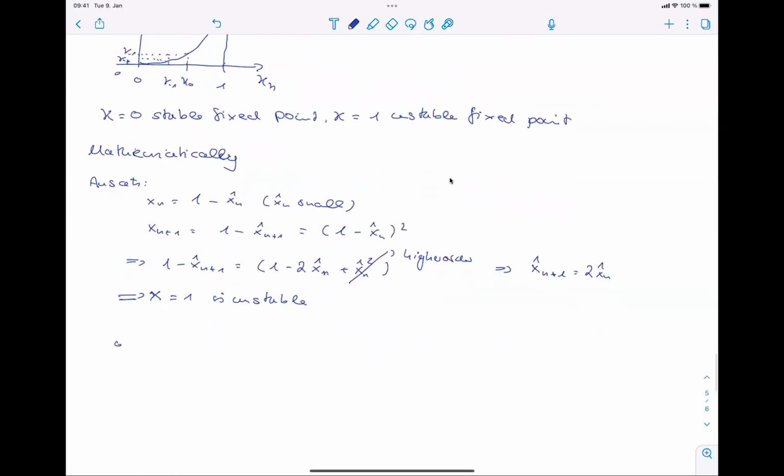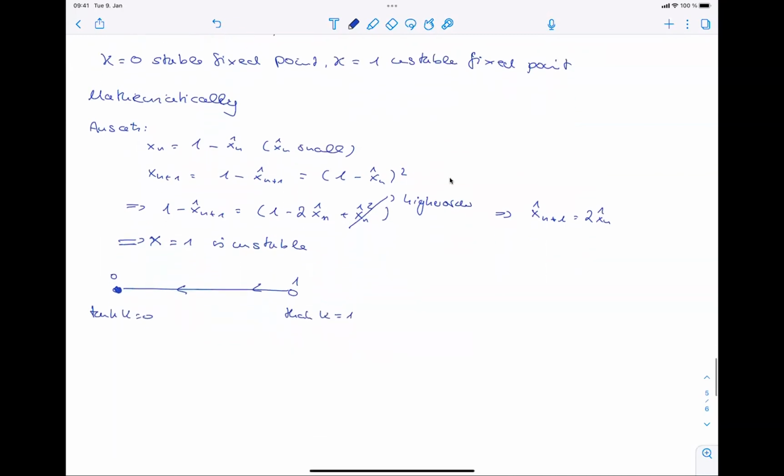So we can also think about this in the following terms. It's customary to denote stable fixed points with a filled dot and unstable fixed points with an unfilled dot. So this is the one at 0 and at 1. This is tanh K equals 0. This is tanh K equals 1, and I'm flowing this way.